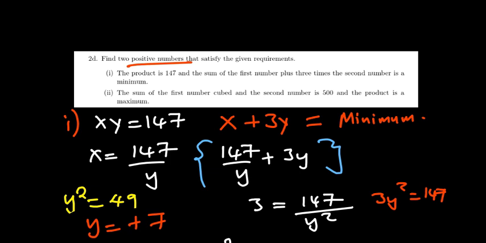For the other value, x, get back to this point and substitute. Our x is equal to 147 divided by 7, which is 21. So these are the two positive numbers that satisfy the given requirements.